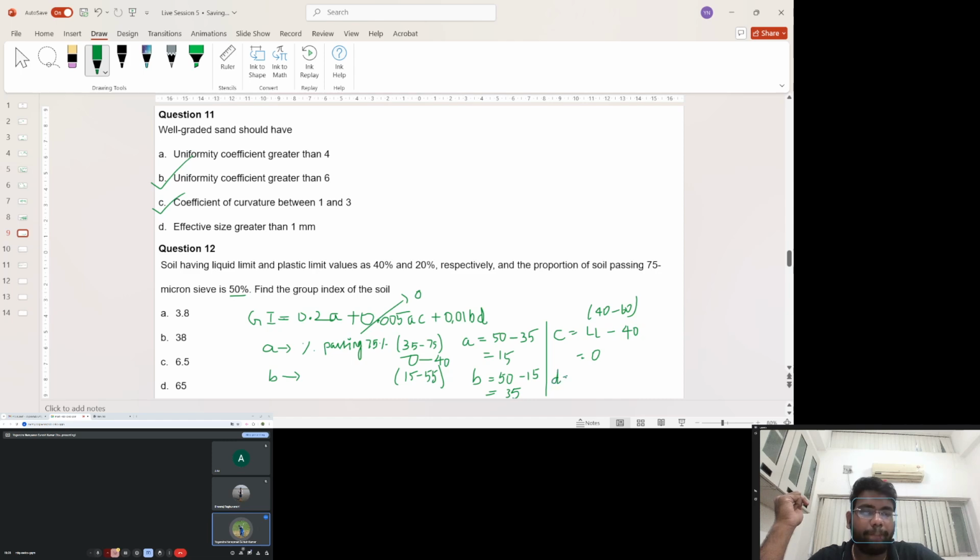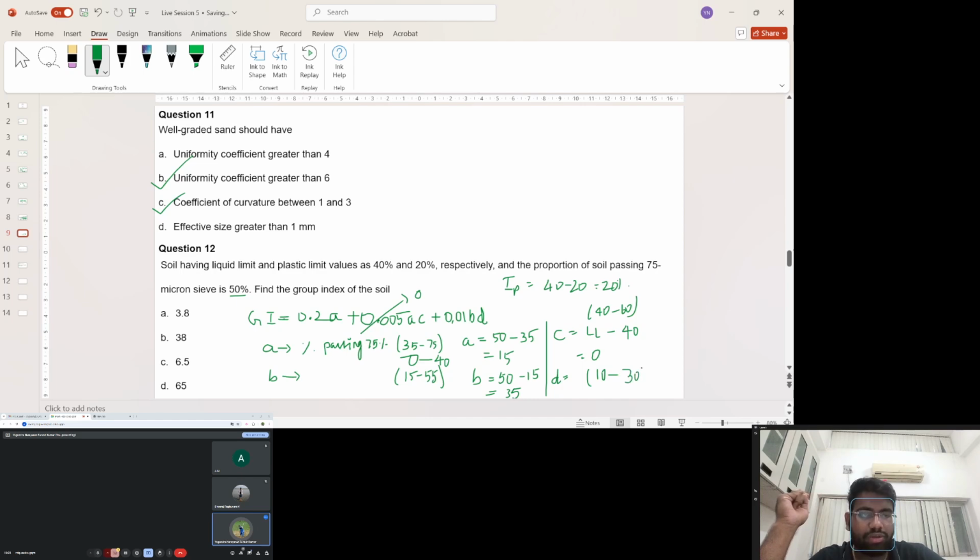And d will be for the plasticity index. The plasticity index can be calculated as 40 minus 20, which is 20%. This value ranges from 10 to 30.